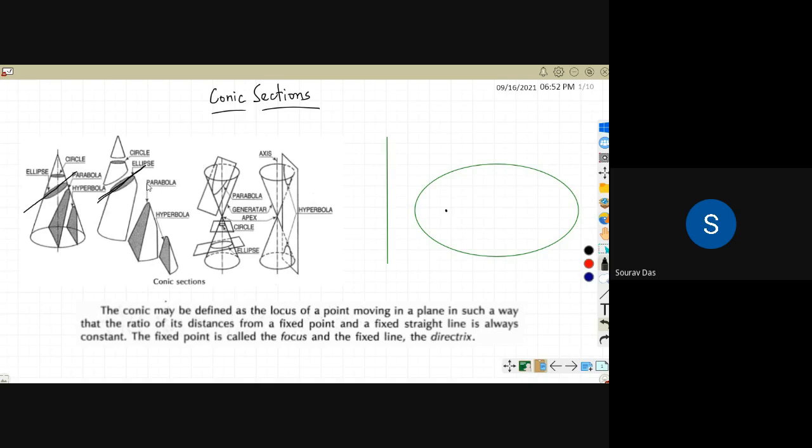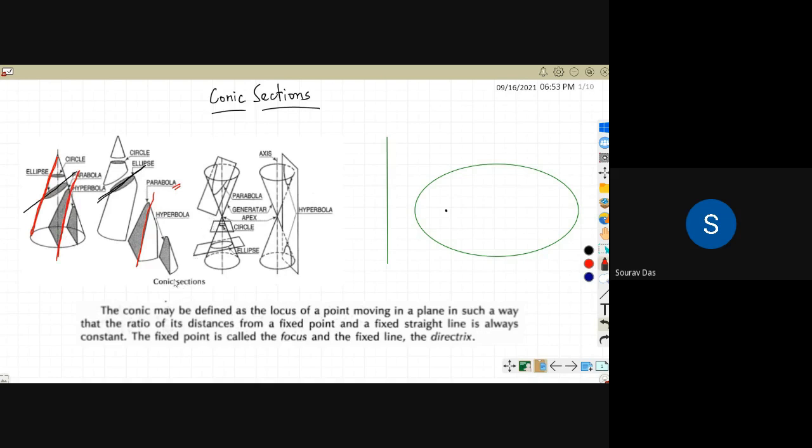If the section plane is inclined to the axis and parallel to one of the generators, then we get a parabola. This is the parabolic section. If the cutting plane is parallel to one of the generators, then we get a parabola.